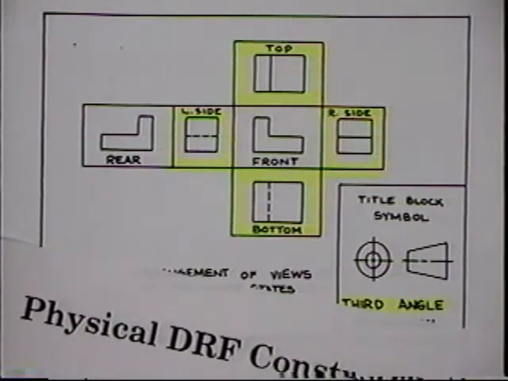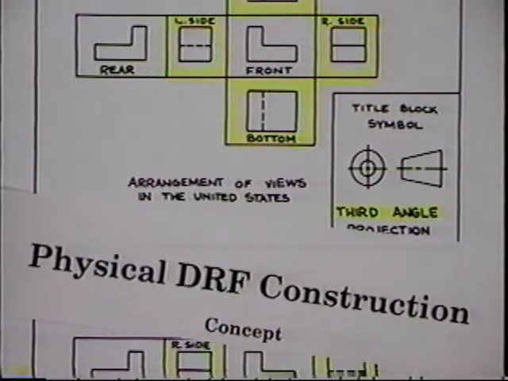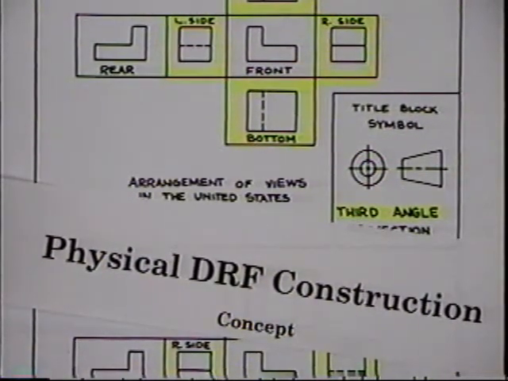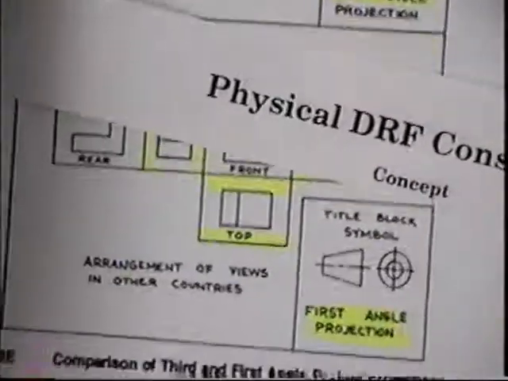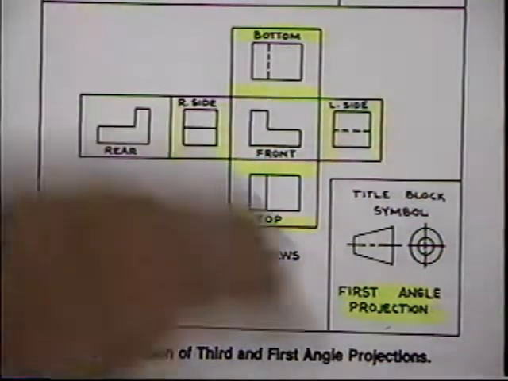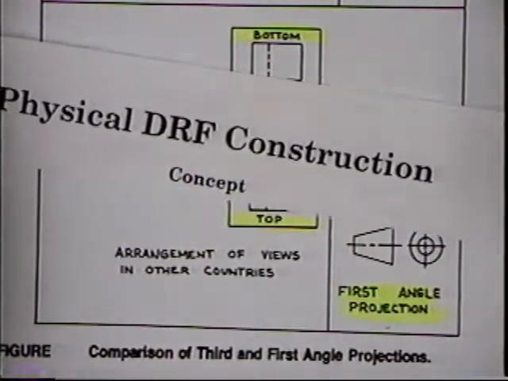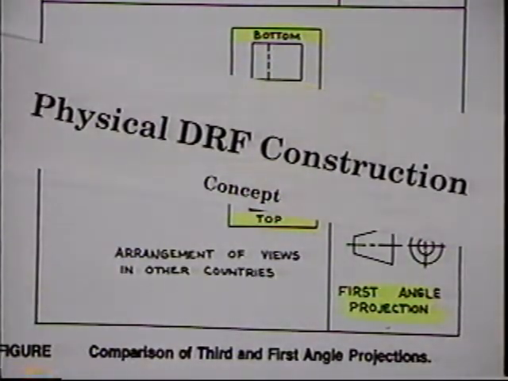And of course, in the United States, when we use that, we use third angle projection. When we look at the foreign countries, France, Germany, Japan, they would basically all use first angle projection with their datum reference frame construction.